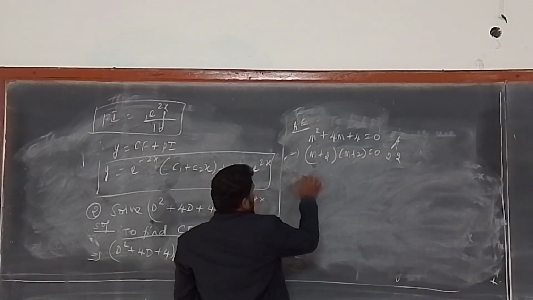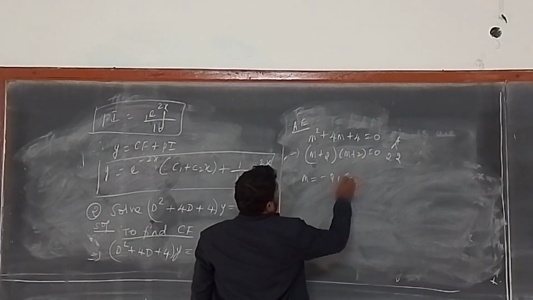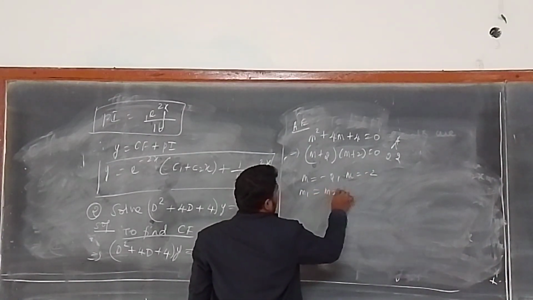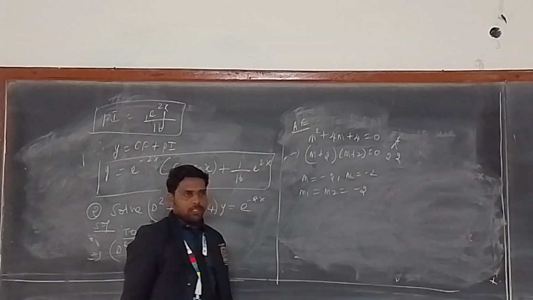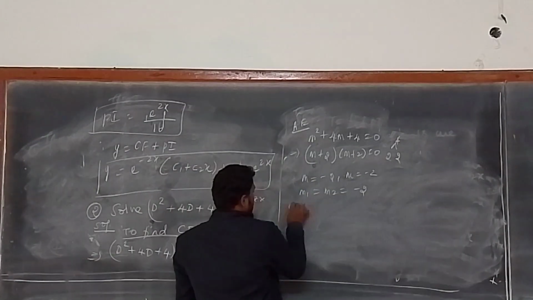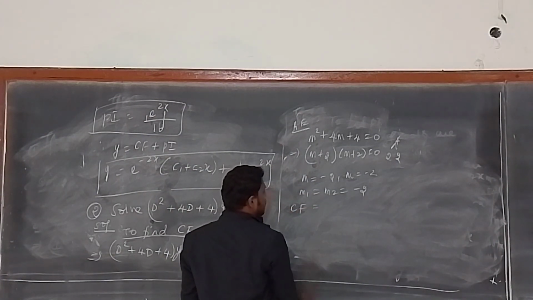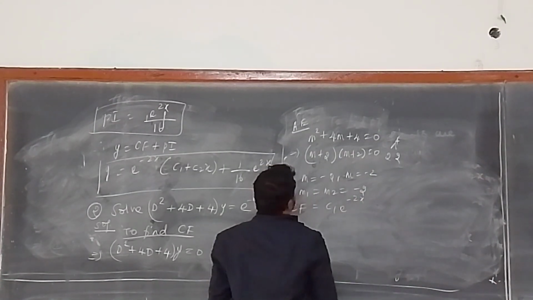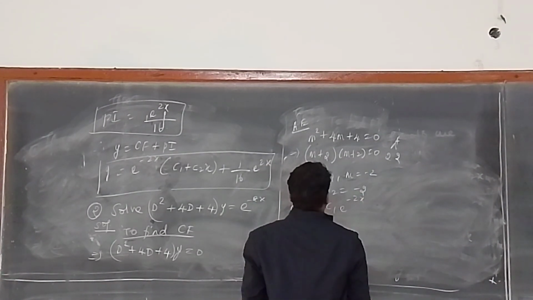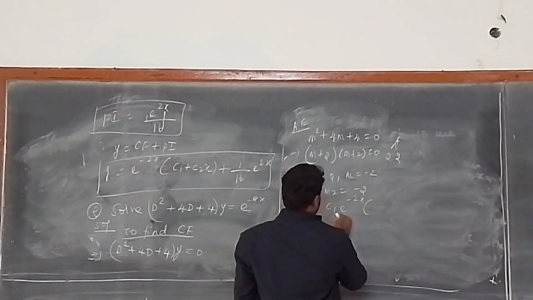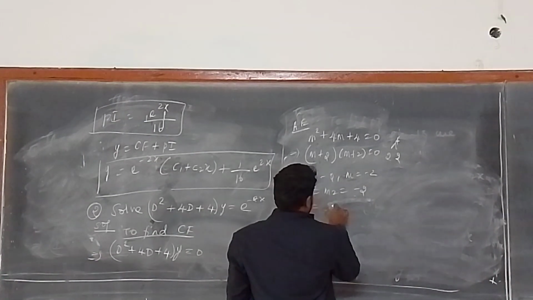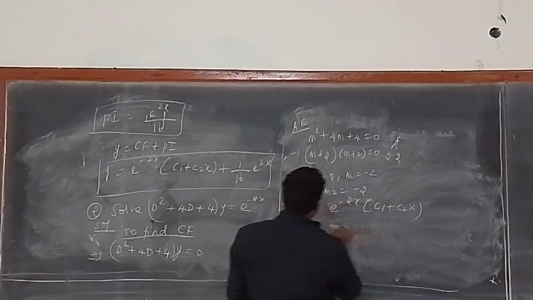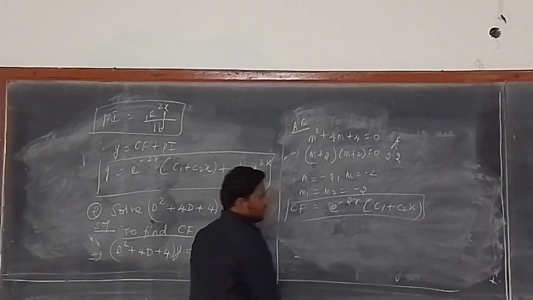So m is equal to minus 2 and minus 2. The roots are equal, so the complementary function is e to the power of minus 2x into C1 plus C2x. That is called the complementary function.